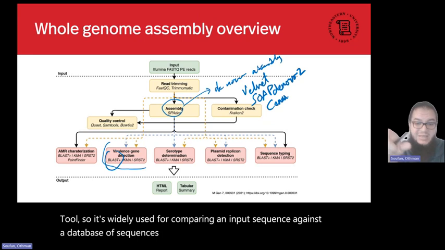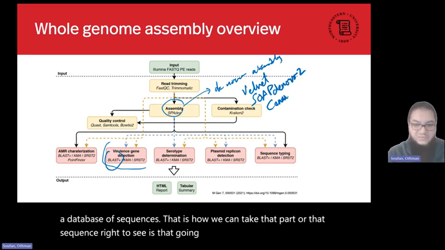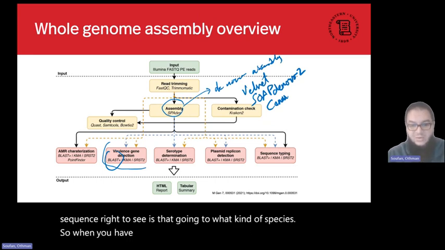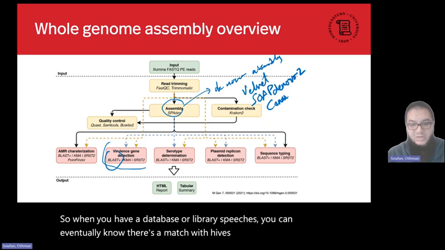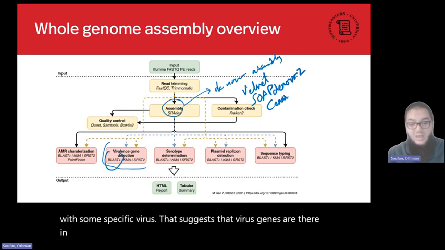That is how we can take that part or that sequence and try to see what kind of species it goes to. So when you have a database or library of species, you can eventually know, oh, there's a match with high similarity and coverage with some specific virus, which suggests that virus genes are there in the organism.